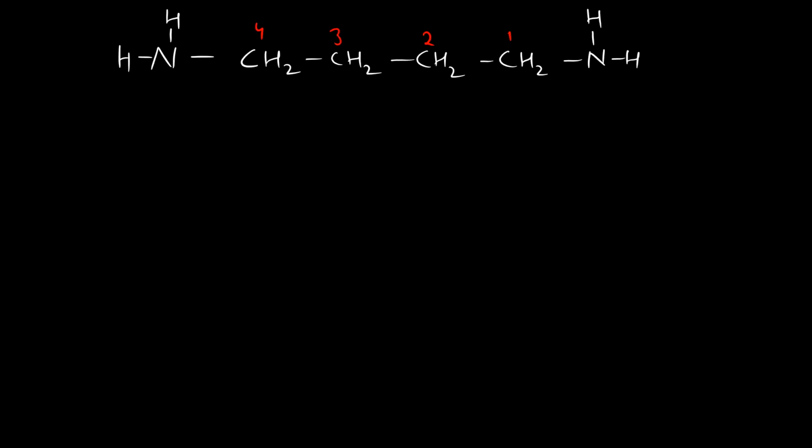If you do the numbering from the other side, the amino groups are also at the first and fourth positions. The amino group is at the same position whether you number from the right-hand side or the left-hand side, so it doesn't matter. Now let's write down its name. It's going to be butane.